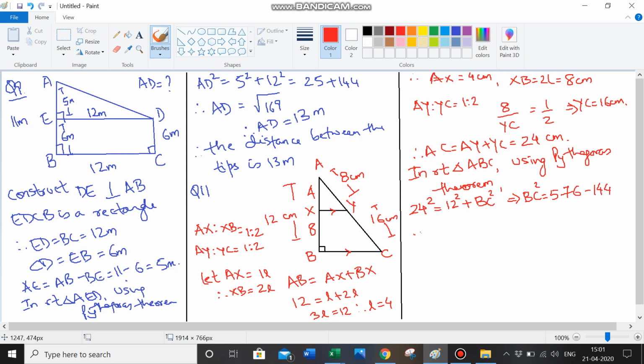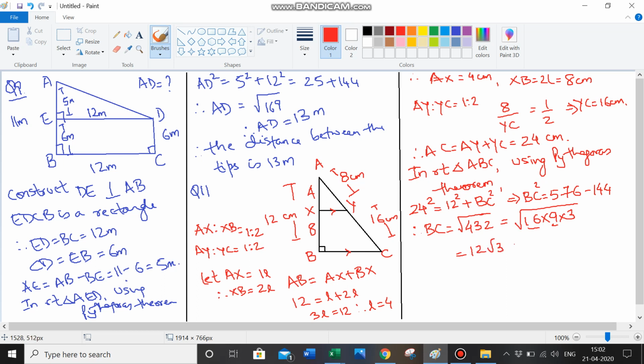Therefore BC is equal to square root of 432. Now 432 can be written as 16 into 9 into 3, which means square root of this is 4, square root of this is 3, is equal to 12 root 3.